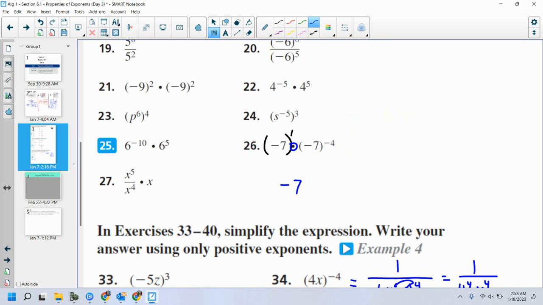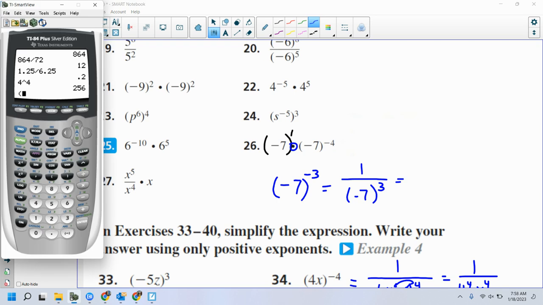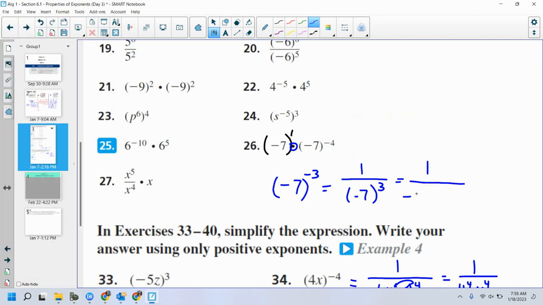Add them. So 1 plus -4 is -3. Which is, and that should be in parentheses, 1 over -7 to the positive 3. And let's evaluate that. -7 to the third power is -343. And there's mine. Questions about that?